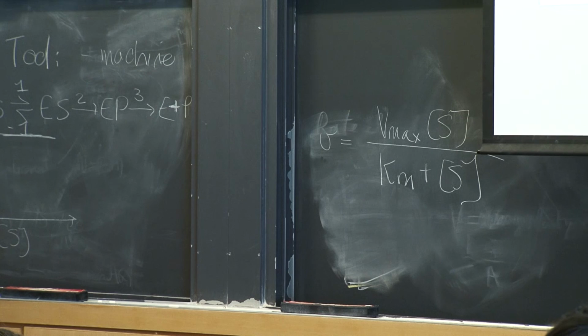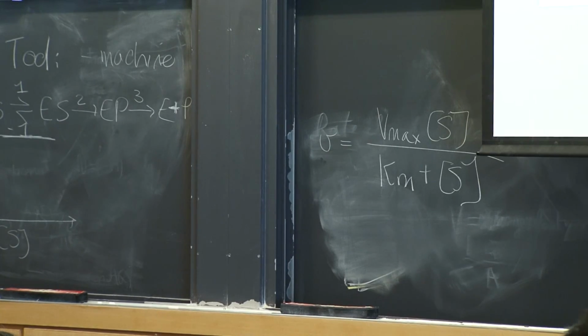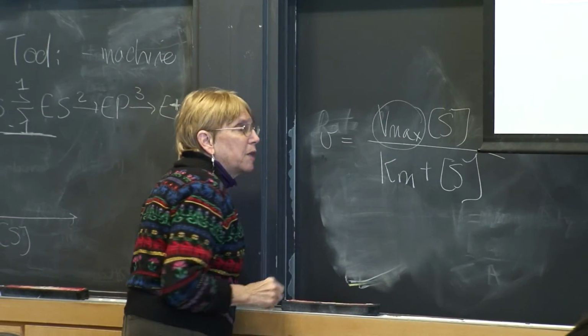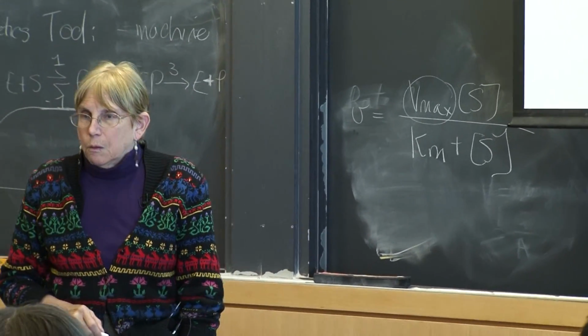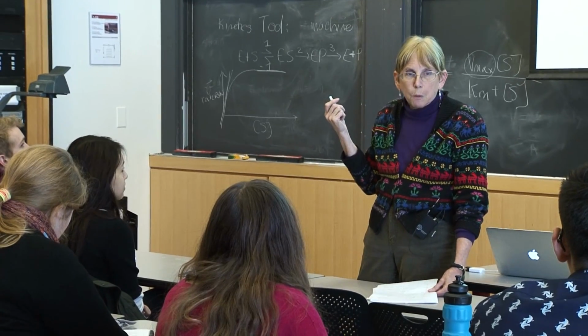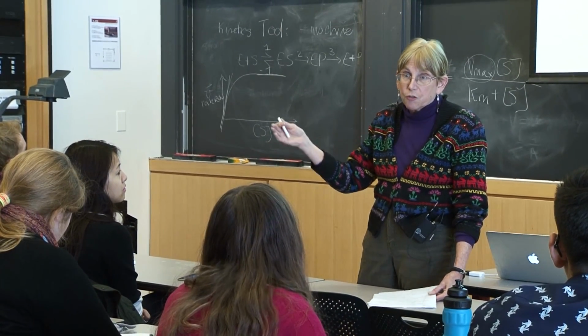Okay, so you've all seen this before. And if you look at this one simple case, what is Vmax equal to? Can anybody tell me? What are the rate constants within Vmax? So kcat times the concentration of enzyme.